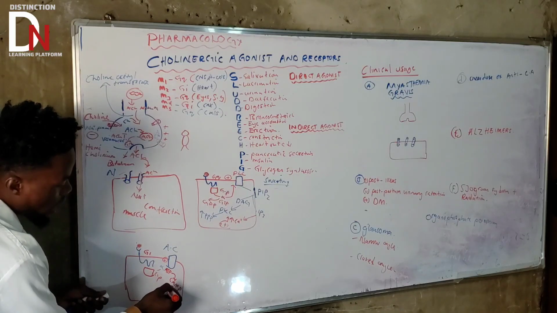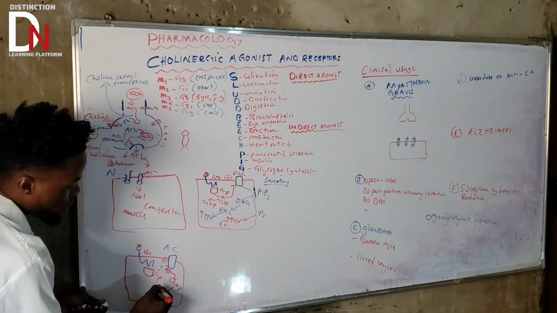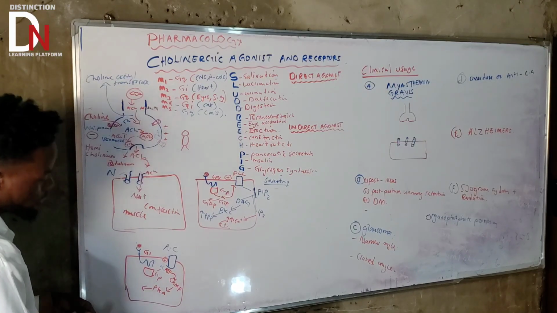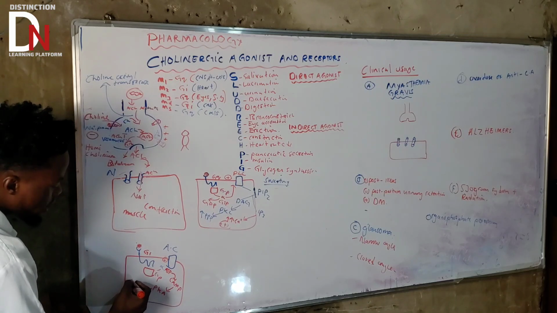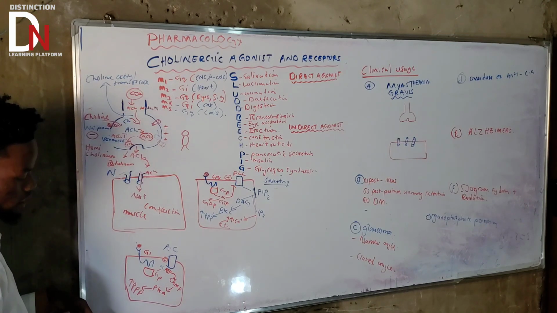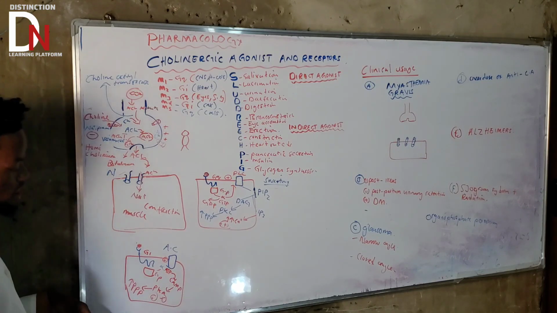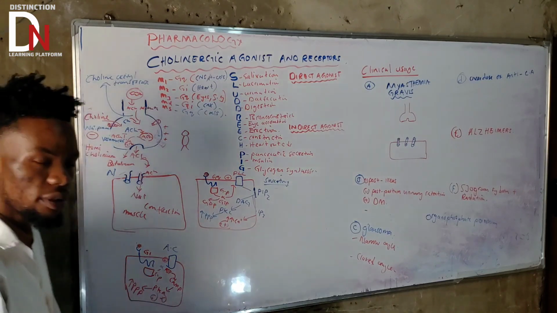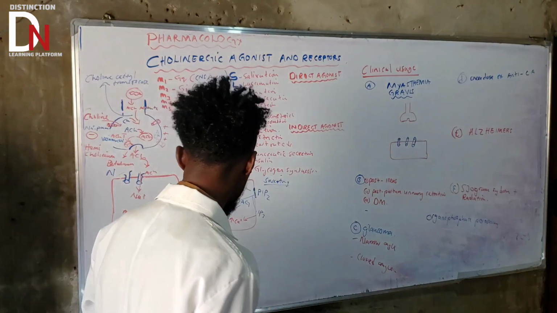This cyclic AMP will now activate protein kinase A. What does protein kinase A do? It's going to start phosphorylating certain target proteins, thereby activating the cell. So this is the simple thing that happens using biochemical means.